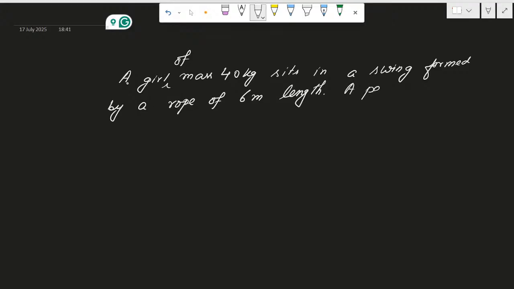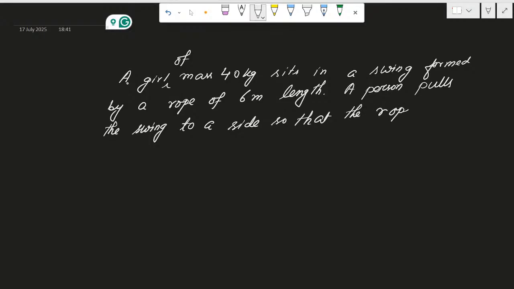A person pulls the swing to a side so that the rope makes an angle of 60 degree with the vertical.